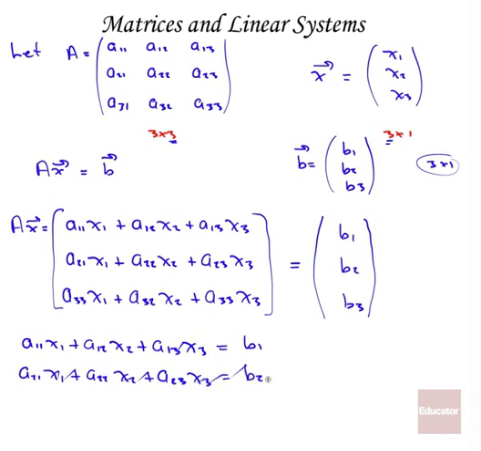I'm sorry about all the little extra lines here that are showing up. I'll try to write a little bit slower. a31 x1 plus a32 x2 plus a33 x3 equals b3. Well, take a look at this. This is just a linear system.